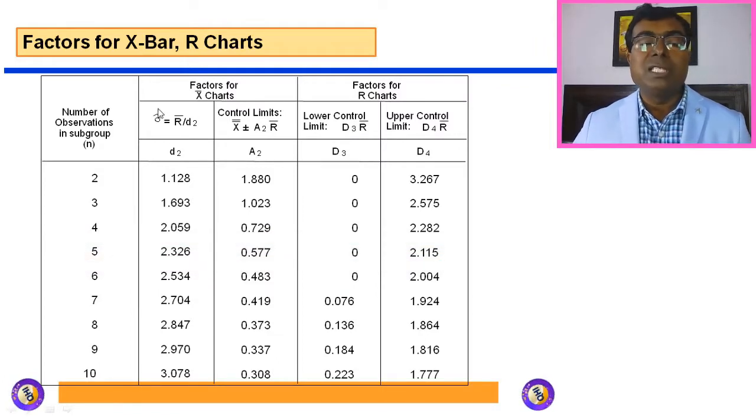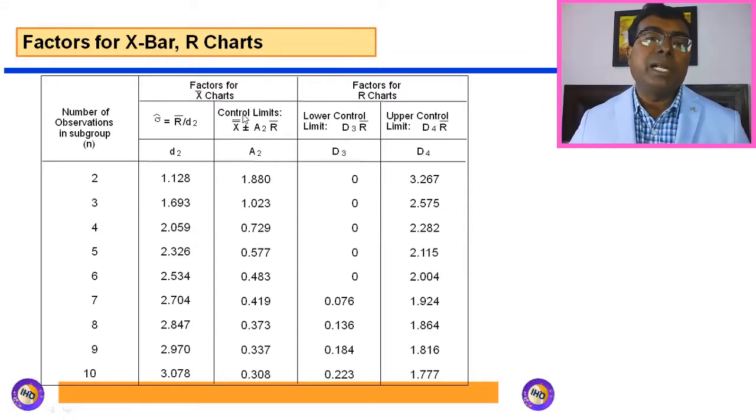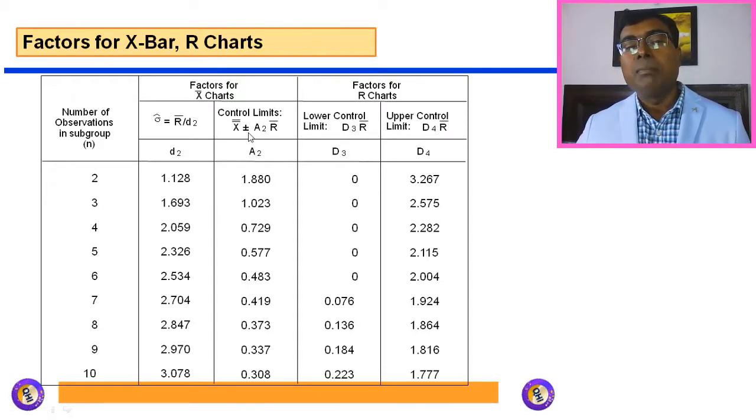The formula to calculate the standard deviation will be R bar by D2, and to calculate the upper control limit and lower control limit for the average chart, it would be X double bar, which is also called X grand bar, plus minus A2 R bar. That means you will use the plus sign for the upper control limit and the minus sign for the lower control limit.